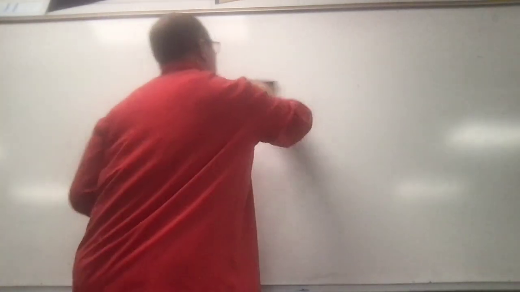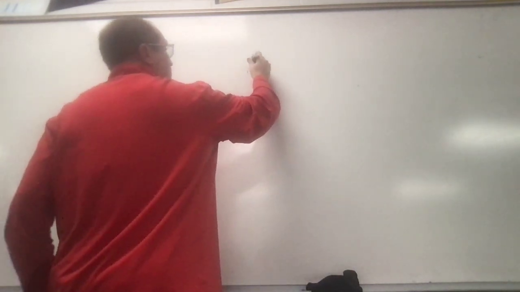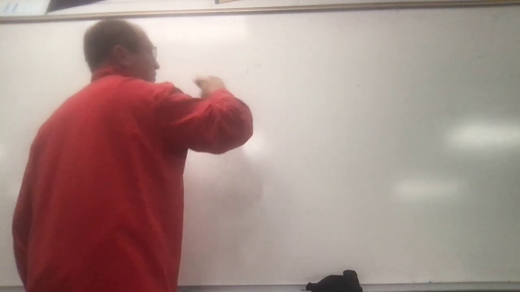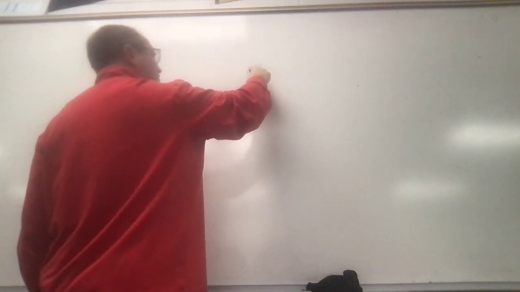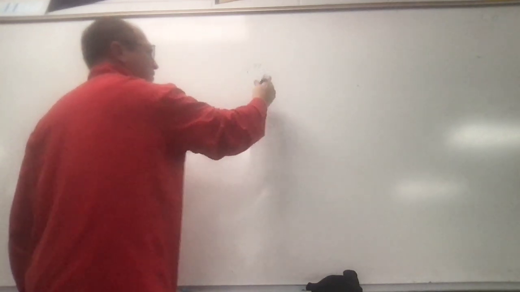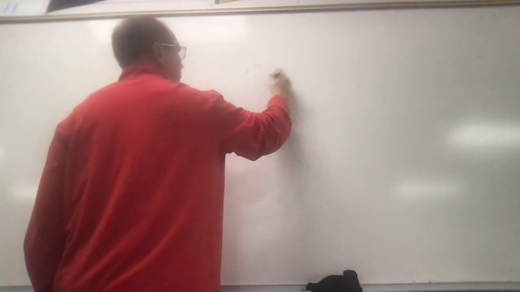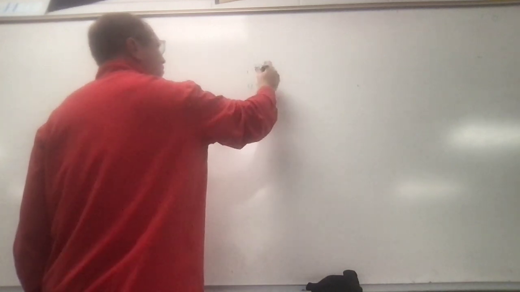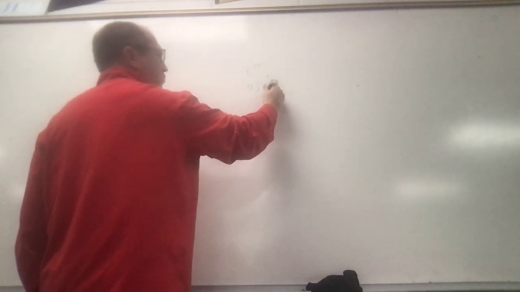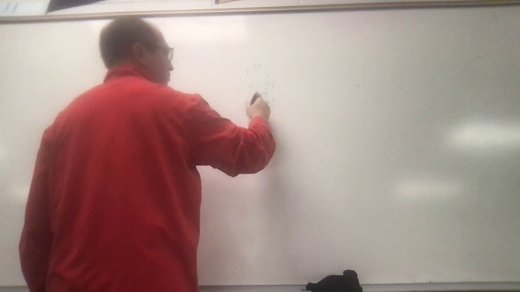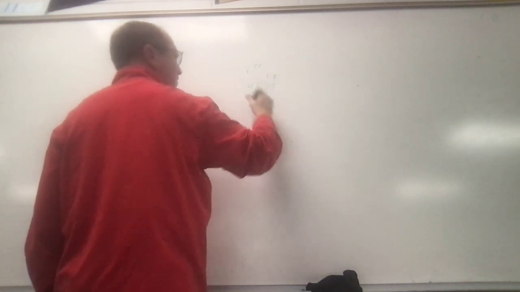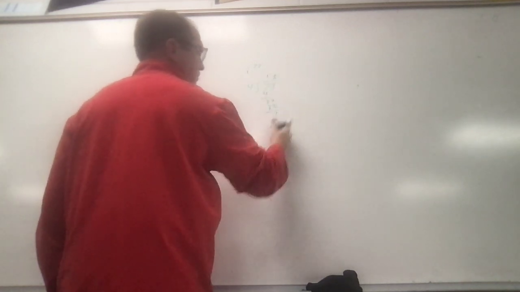If you wanted to know what i to the 73rd power is, instead of writing it out that many times, you could take your 73 and divide it by 4. 4 goes into 7 once, 4, 33, 8, 32, and your remainder here is 1.